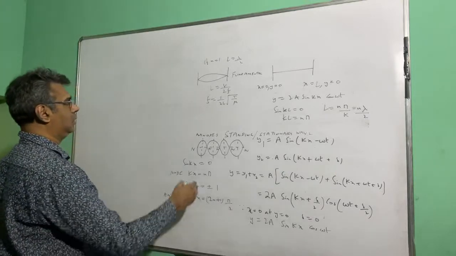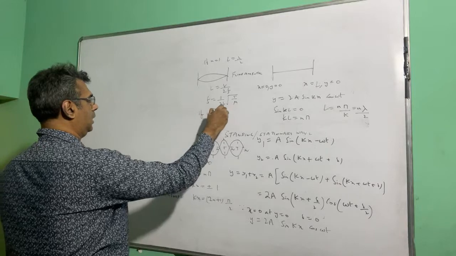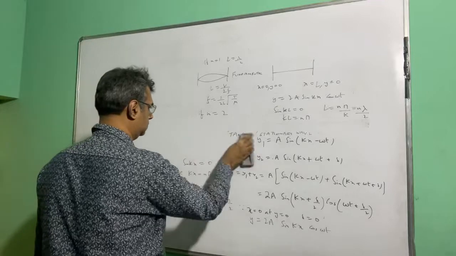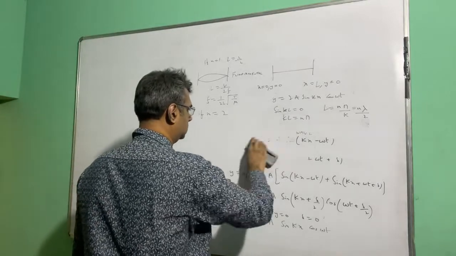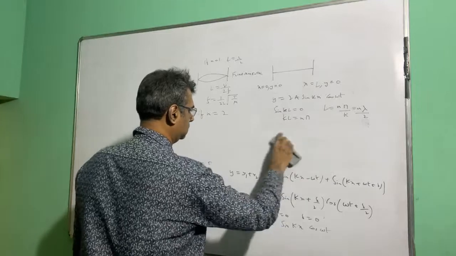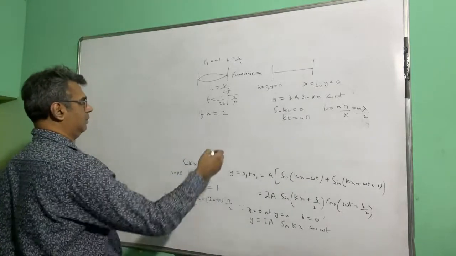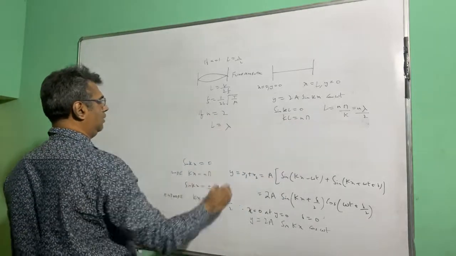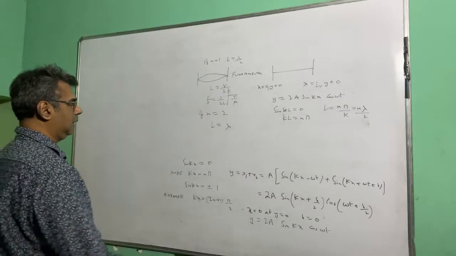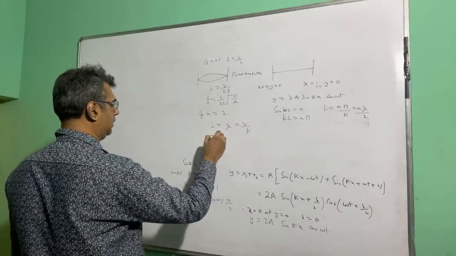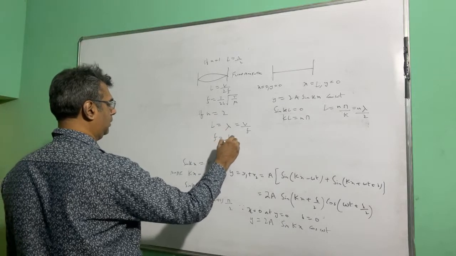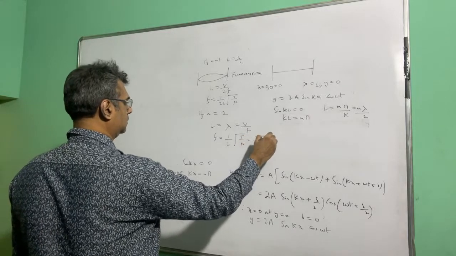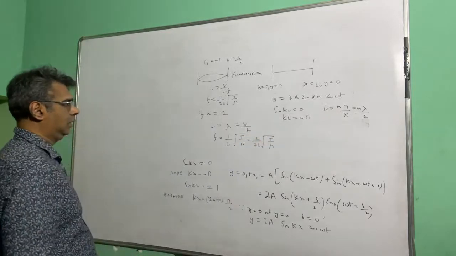Now suppose if you put n equal to 2 over here, then L will be equal to lambda. And you know that lambda is V by F, so F will be 1 by L root over T by mu.